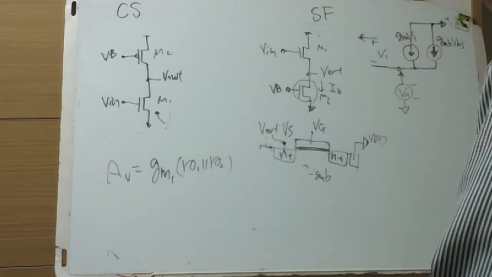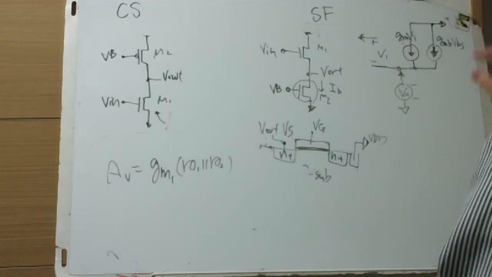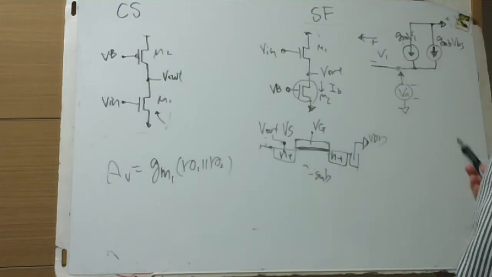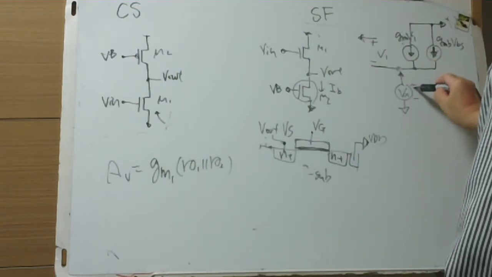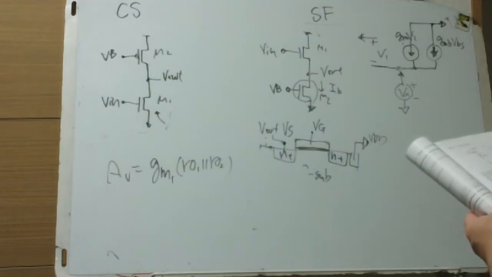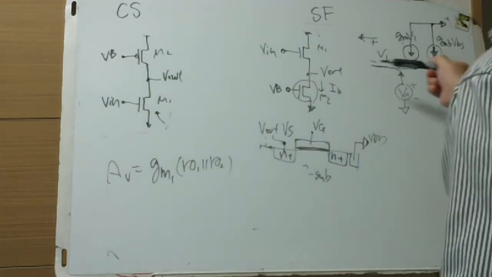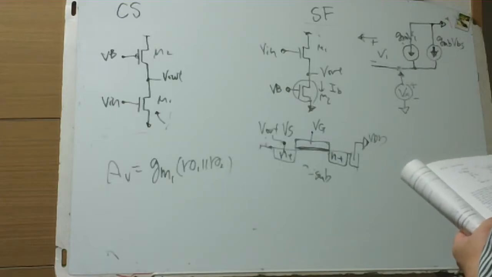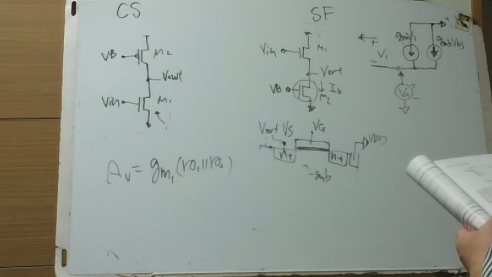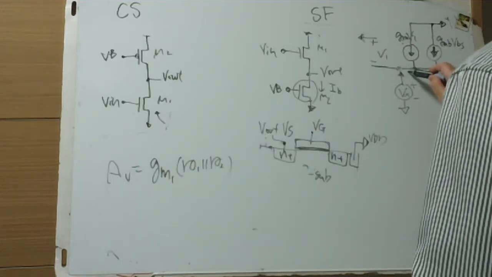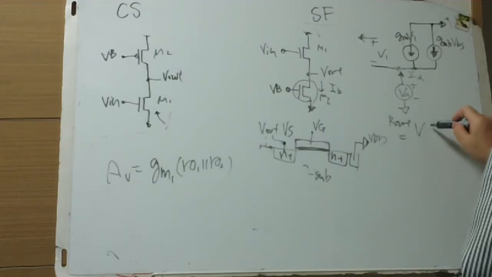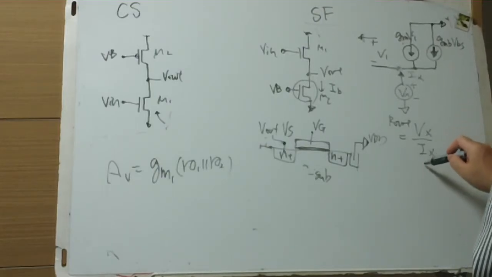Constant voltage is shorted to ground, and constant current is opened for the small signal equivalent circuit. So this is opened and some voltage is applied to find Rout, looking into this output. This is the equivalent circuit, and this is Ix, and Rout equals, of course, Vx over Ix.